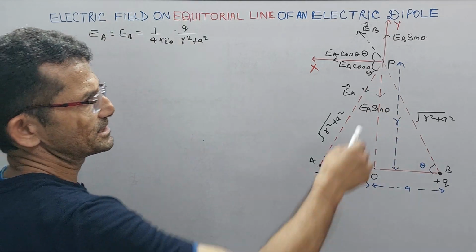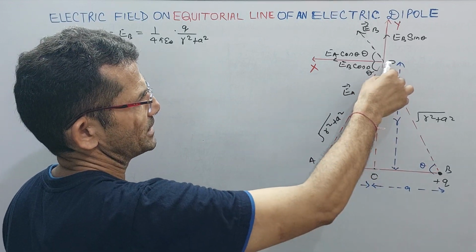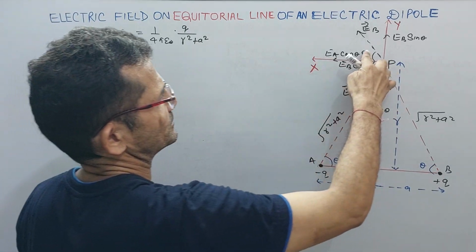So EA sin theta is the component along this one, and EA cos theta is the component along this one.